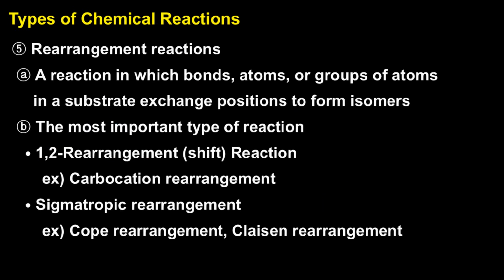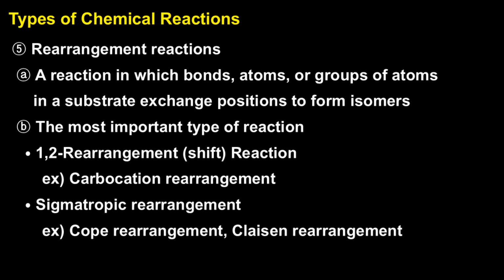Rearrangement reactions happen when atoms or groups shift positions within a molecule, forming a new isomer without adding or removing atoms. These shifts usually create a more stable structure, which makes them especially useful in organic synthesis. One common type is the 1,2 rearrangement, where a group moves from one carbon to a neighboring carbon.